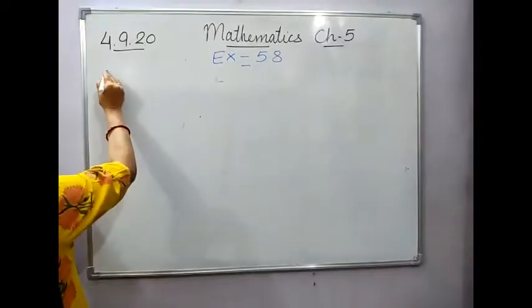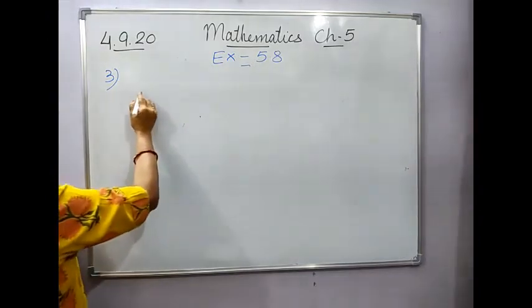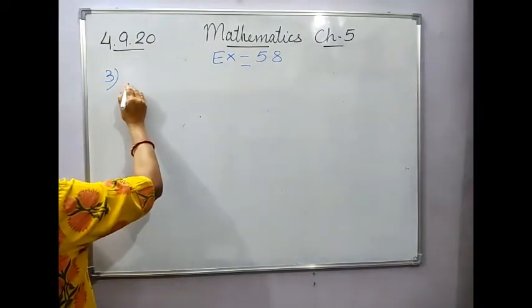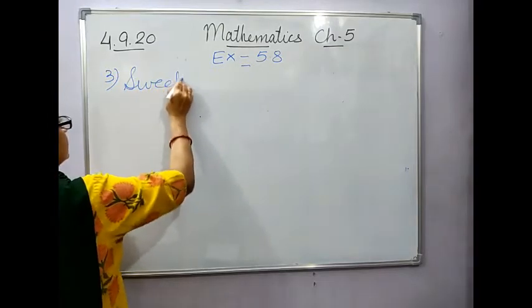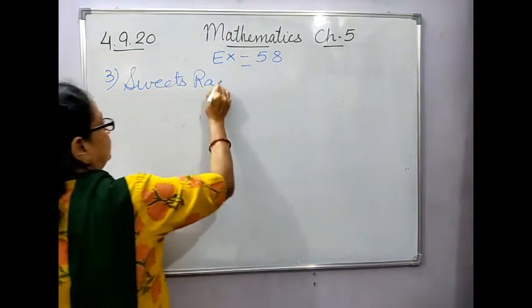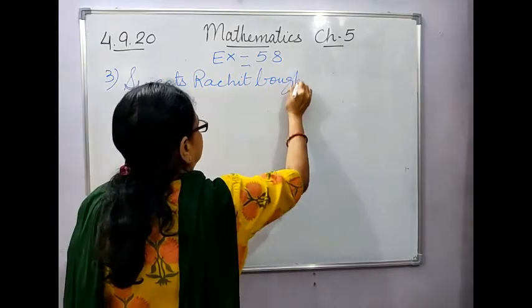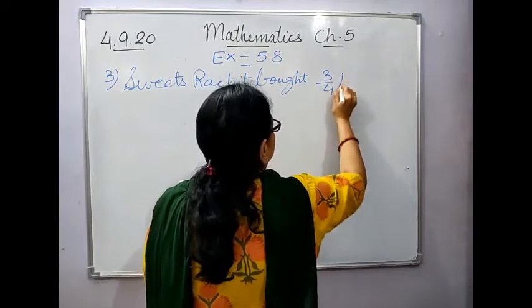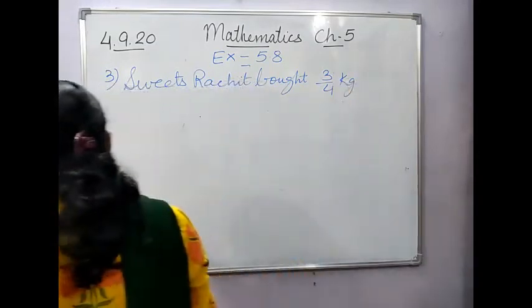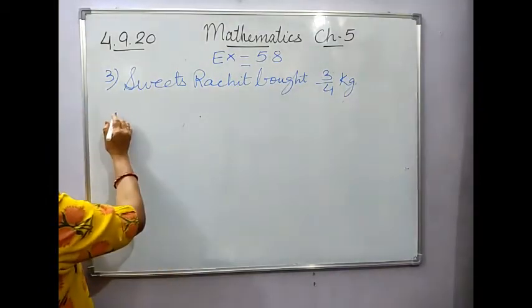Question number 3. Sweets Rachit bought. How much is it? 3/4 kg he bought. He gave 1/3 portion of this to Ravi.